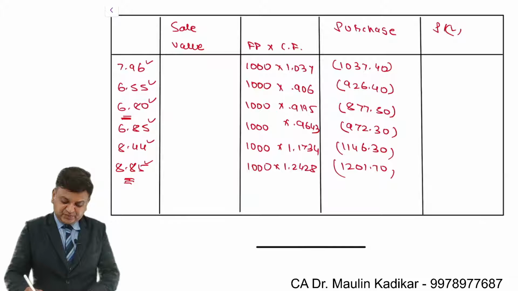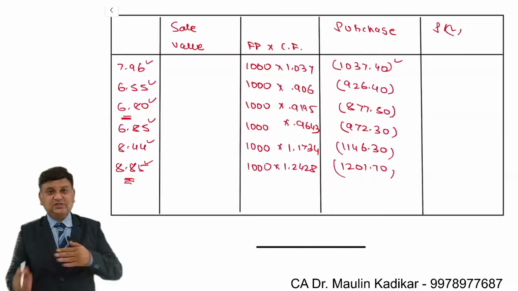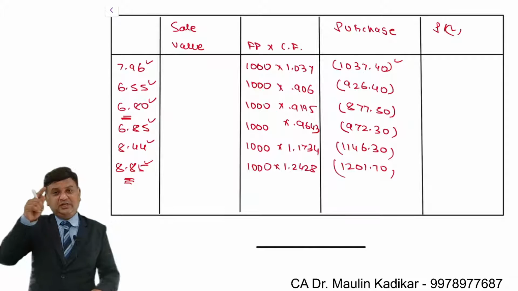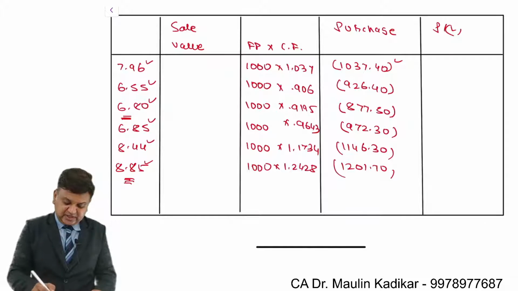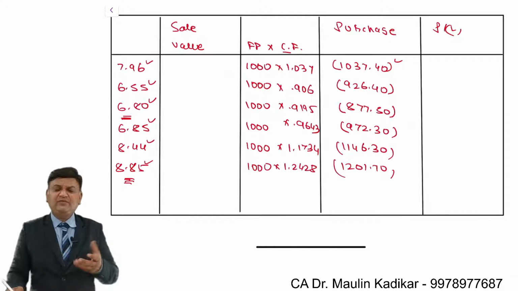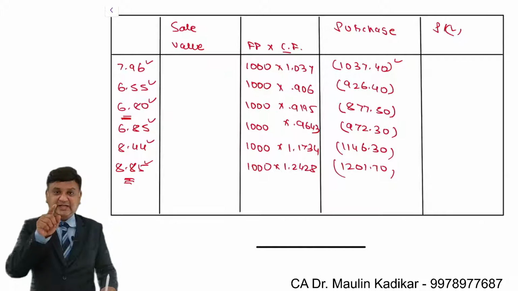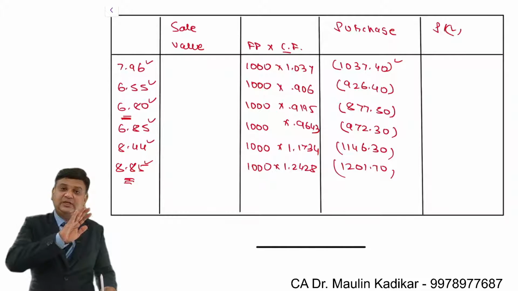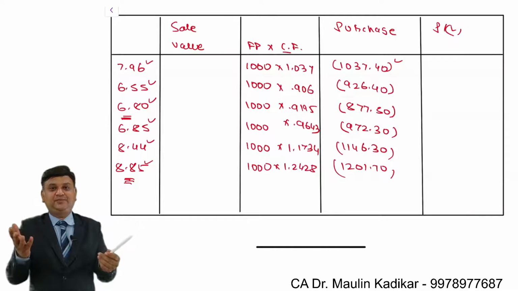So my purchase price is the quoted price. However, my sale price is not the original price at which the transaction was entered upon, but that price is going to be adjusted with the conversion factor. But why conversion factor? Because the underlying asset which I had committed to sell is not available in the market. It was a notional security.